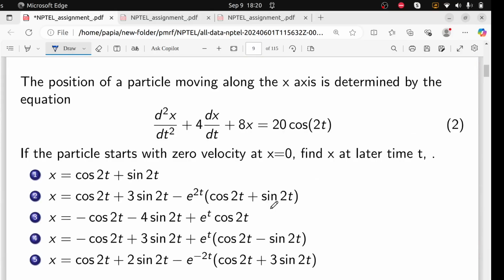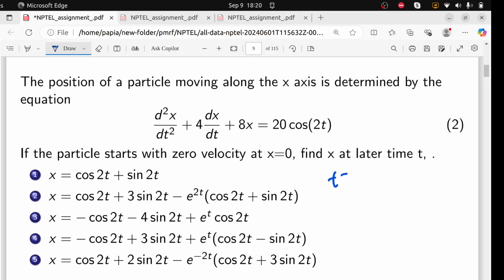Yes, the position of a particle moving along the x-axis is determined by this equation. That one was also given in the previous class PDF, but we could not finish that one due to the time constraint, so that's why I'm writing it here. If the particle starts with 0 velocity at x equals 0, find x at later time t.